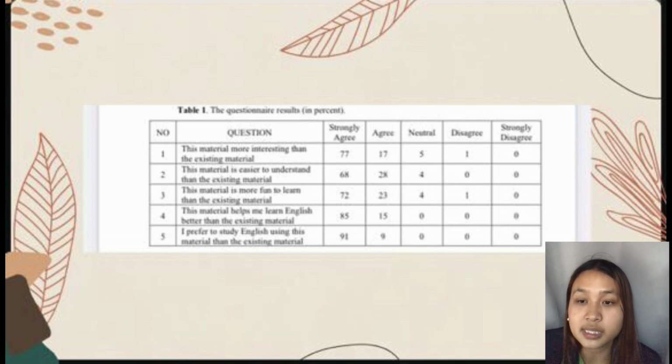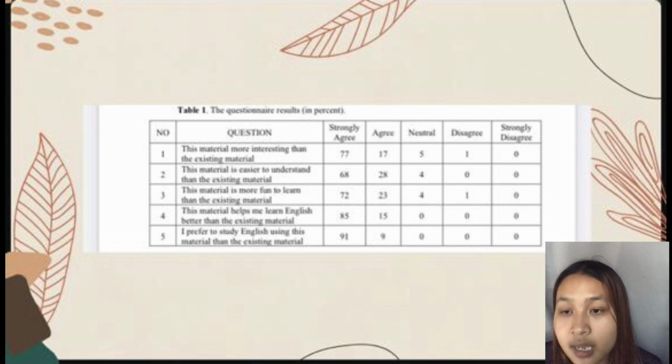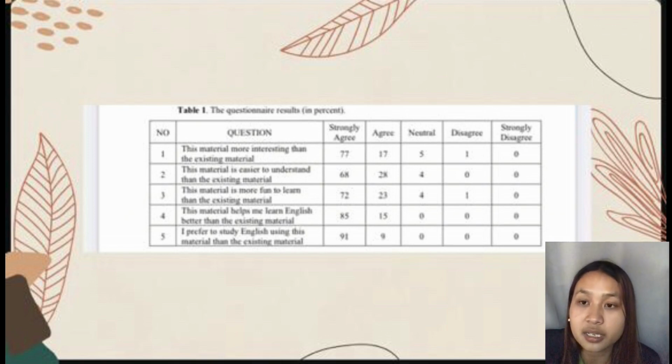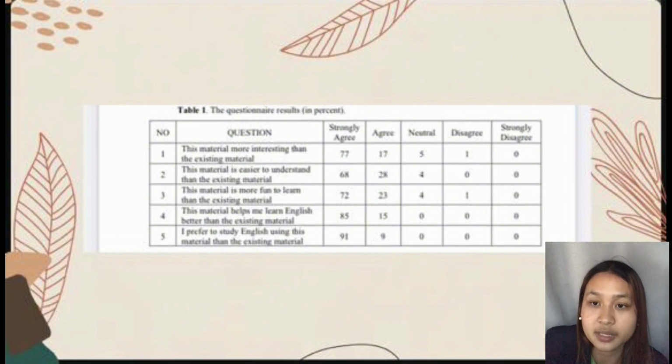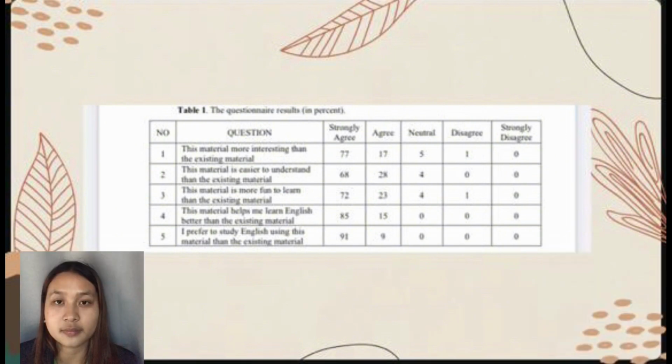And the last one is, I prefer to study English using this material than the existing material. Almost all students answered strongly agree. This is 19 answering strongly agree, and 0 answering strongly disagree. The majority of students prefer new material to existing material.